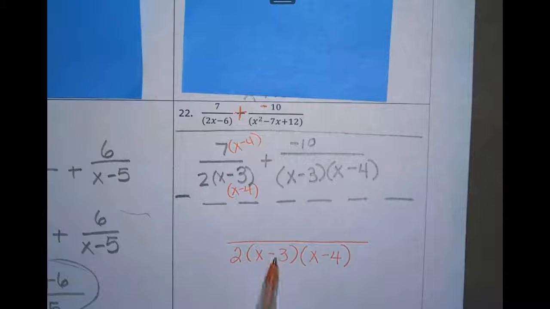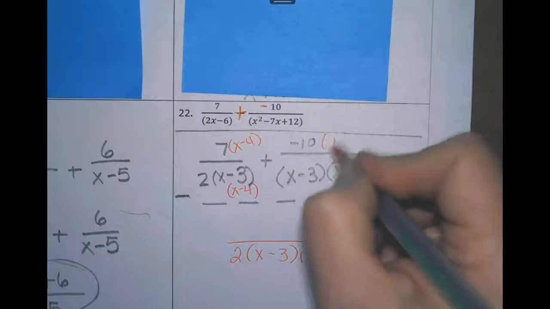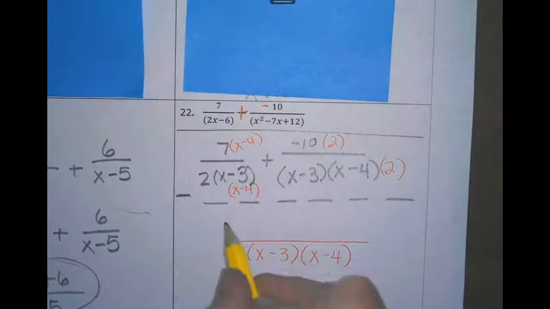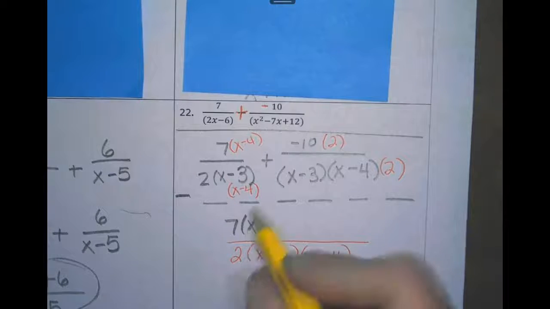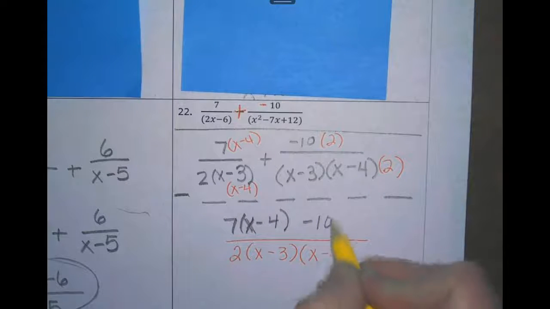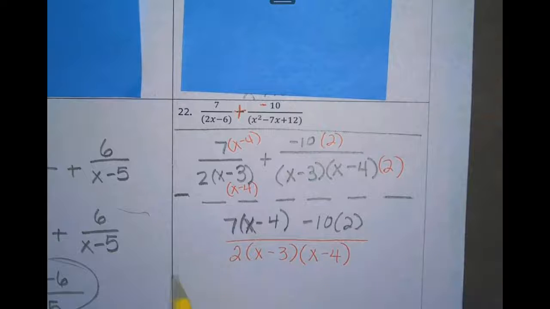This denominator has x minus 3, it has x minus 4, but it doesn't have a 2. I'm going to need to multiply that by 2. I'm going to need to multiply the 7 times x minus 4 and the negative 10 times 2.